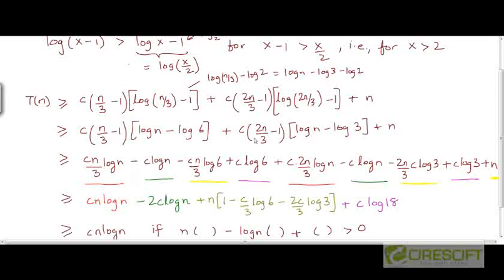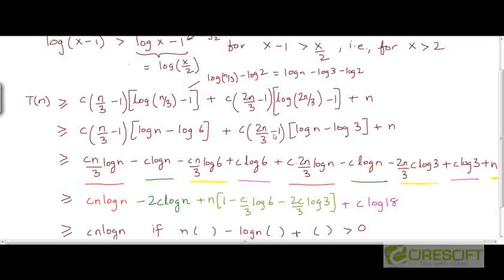The next 4 terms will be obtained by multiplying these 2 terms with these 2 terms, again term by term. So if I multiply the first term here, which is 2cn by 3, with log n, I'll get 2cn by 3 times log n. If I take the first term here and multiply it with the second term here, I'll get minus 2cn by 3 log 3.